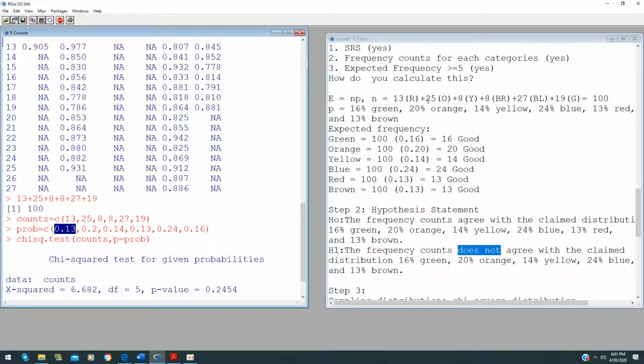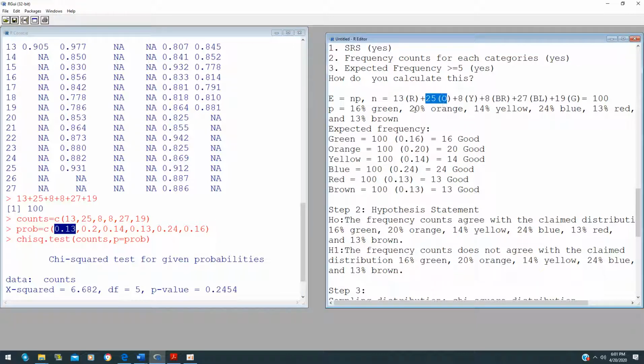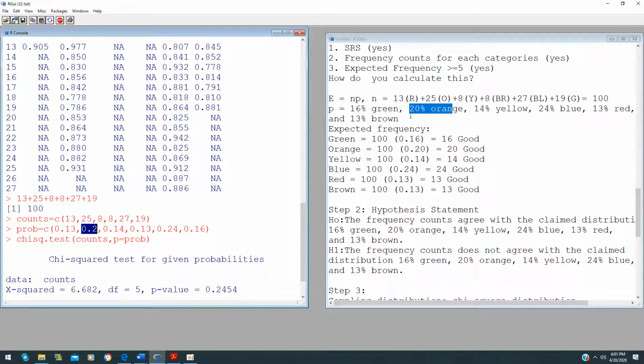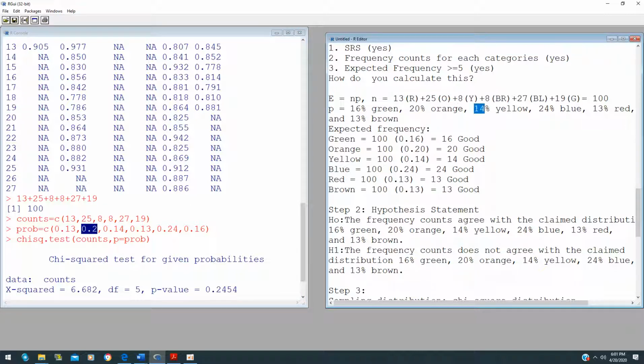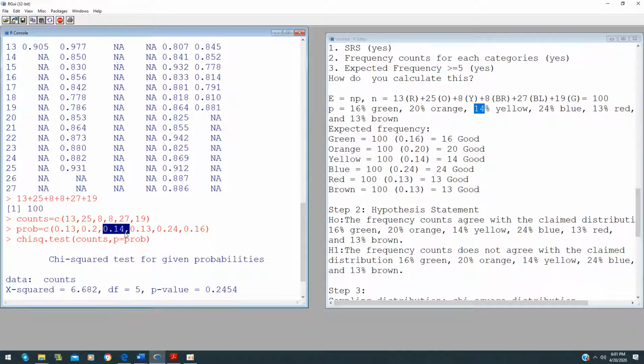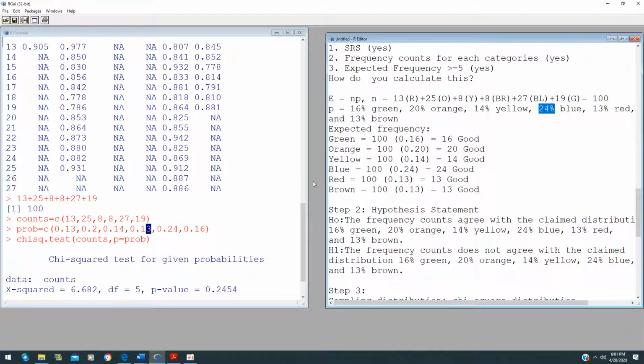Next color we have is orange. For this case it's 20%, so that's why you have 0.2. Next we have yellow. Yellow is 14%, so that's why it's 0.14. The next one is brown. Brown we have 13%, 0.13, and then blue is 24%, which is 0.24, and the last one is green, 16%, which is 0.16.